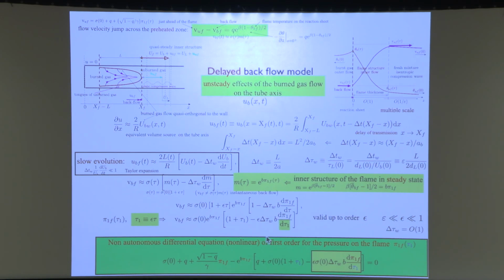Now, the delay introduced by the response of the flow to the change of elongation introduces a derivative in the equation of the unknown, which is here pi 1F, which means the pressure on the flame.